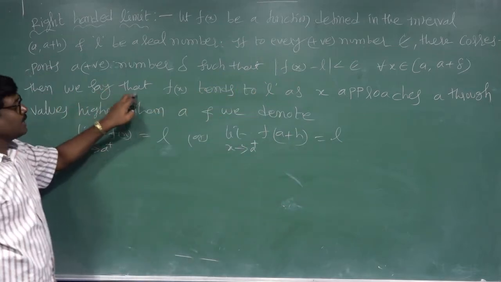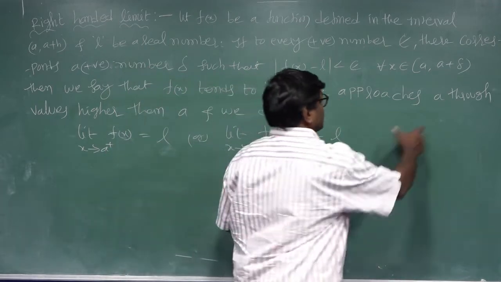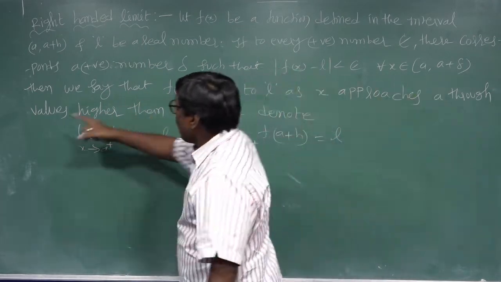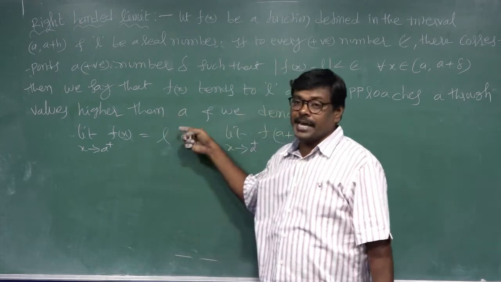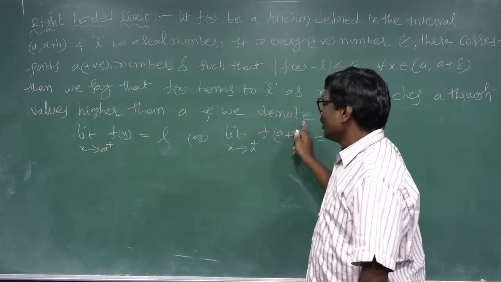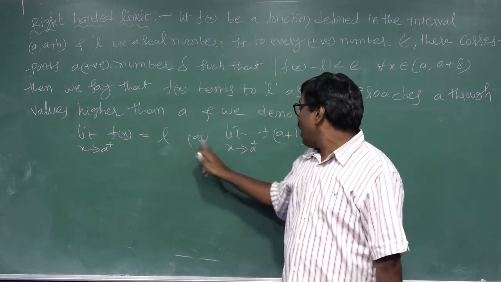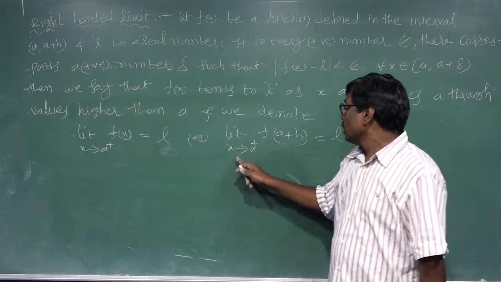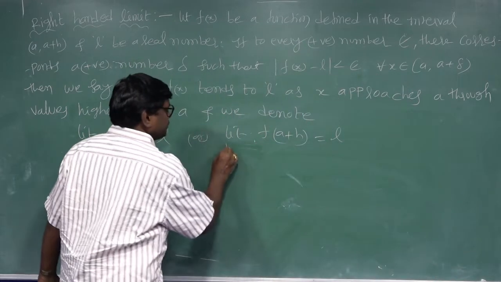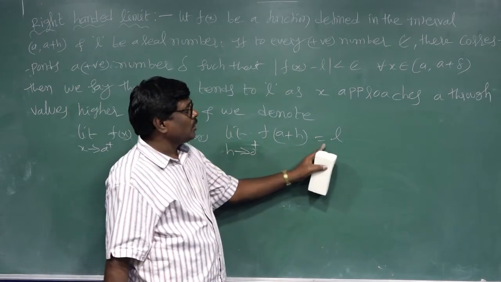Then we say that f of x tends to L as x approaches A through values higher than A. We denote it as limit x tends to A plus of f of x equal to L, or limit h tends to 0 plus of f of A plus h equal to L.